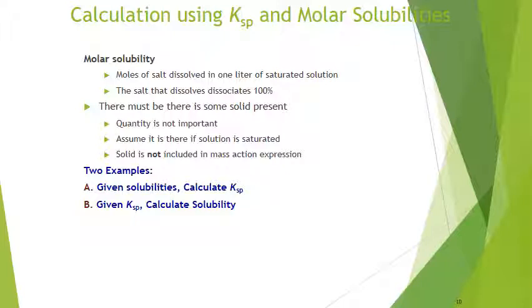At that point, what you have is saturation. That means the solution is saturated with the ions, and it just can't take up any more. So if you add more salt, some of that salt gets dissolved, but some of the salt gets undissolved, and that reaches equilibrium when you get to that point.